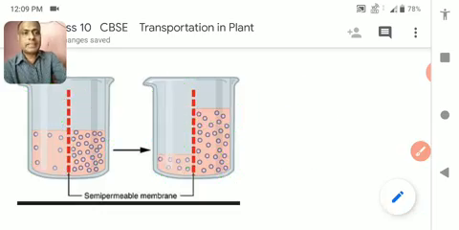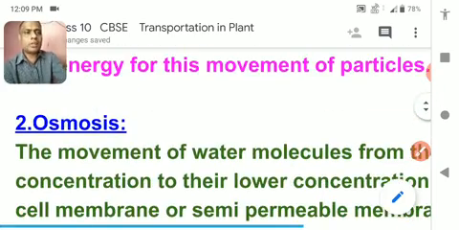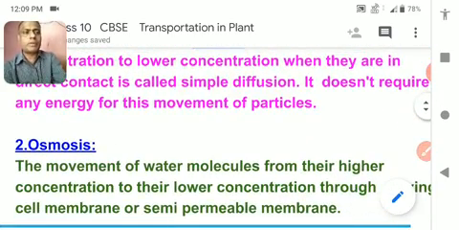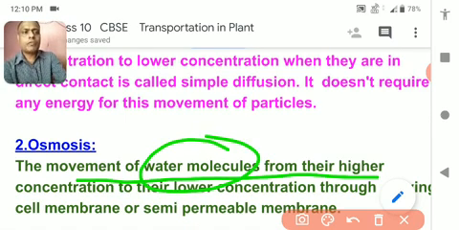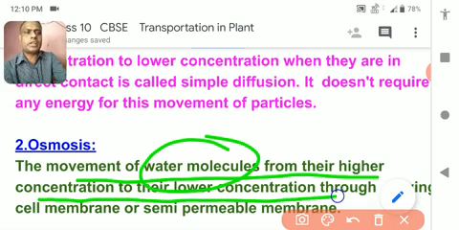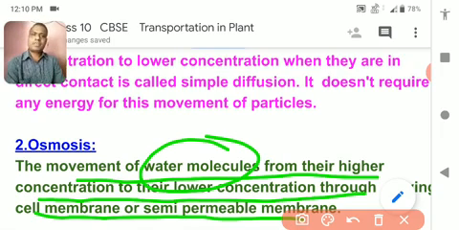So let's study the definition. The movement of water molecules from their higher concentration to their lower concentration through a cell membrane or semi-permeable membrane. So I think you understood.